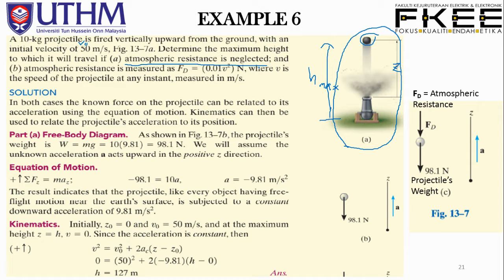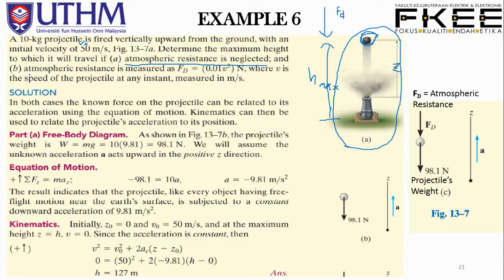The atmospheric resistance is the force which opposes the motion of the projectile, so we have Fd, for example, which acts opposed to the projectile motion. And this is the first condition.